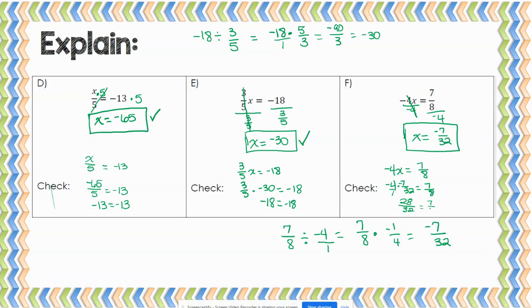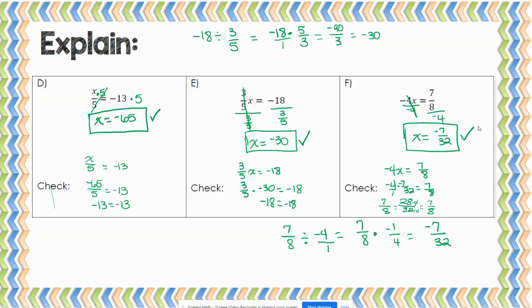It doesn't look like I have 7/8, but I can actually simplify 28 over 32. Both of these can be divided by 4. If I do 28 divided by 4, I get 7, and if I do 32 divided by 4, I get 8. So really, I do have 7/8 is equal to 7/8, which means that my solution of negative 7 over 32 is correct.